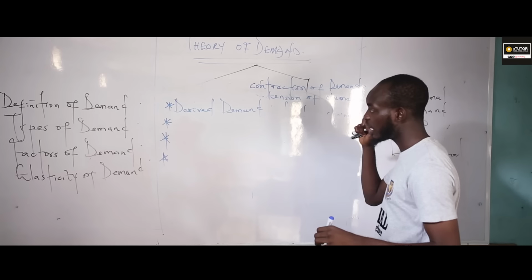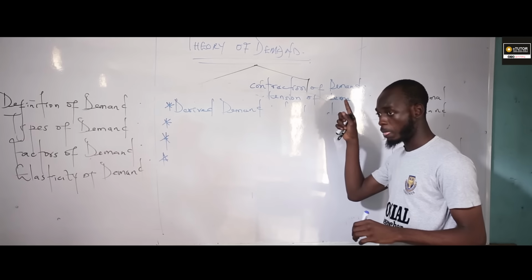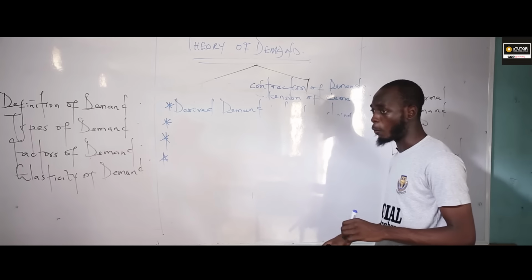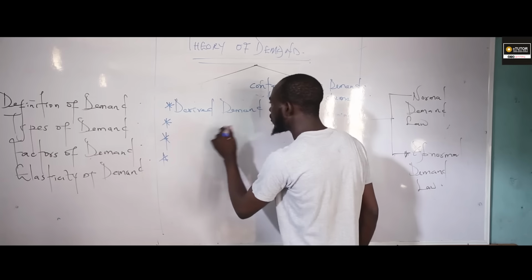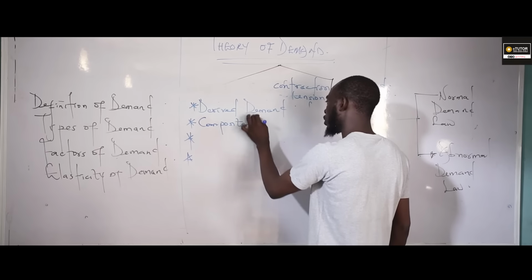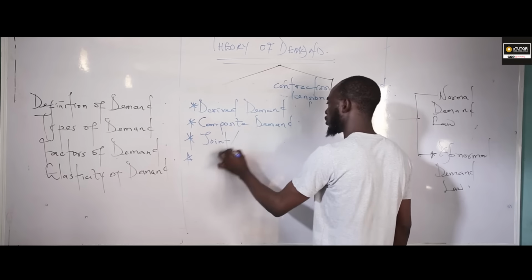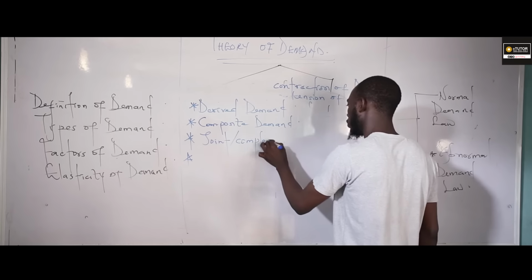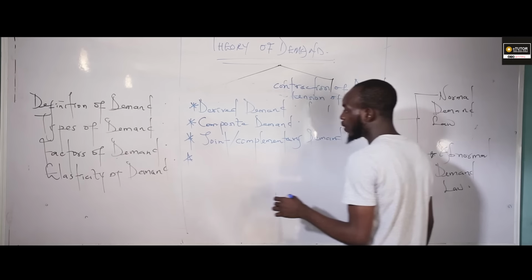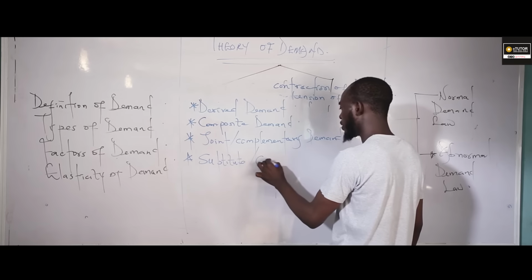Now, I left something, I didn't tell you something under the abnormal demand law. The abnormal demand law is positive sloping, while the normal demand law is negative sloping. So we have derived demand, composite demand, joint or complementary demand, and substitute or competitive demand.